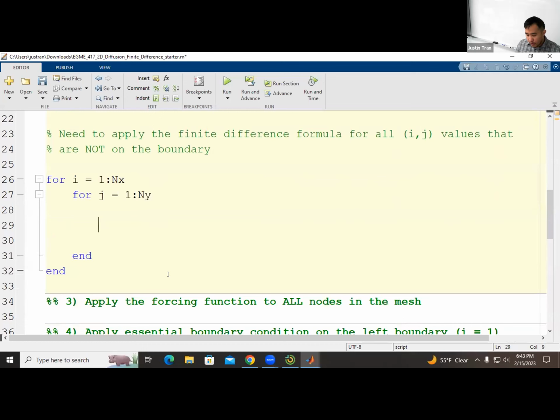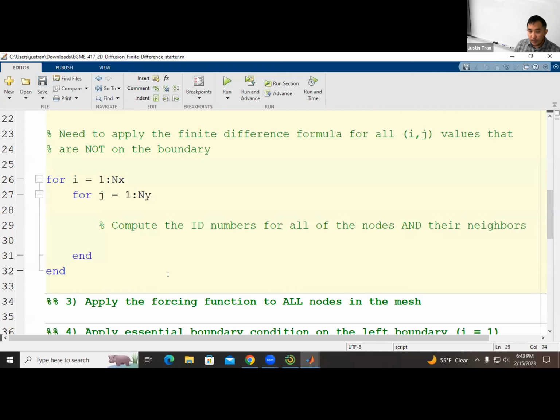For the interior node equations, we need to do a couple of things. First, remember, when we make modifications to the left-hand side matrix and right-hand side vector, we don't do it using i and j. We do it using the ID numbers, right? So the first thing we need to do is compute the ID numbers for all of the nodes and their neighbors.